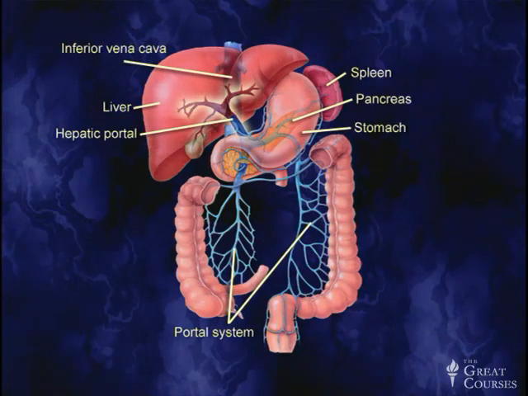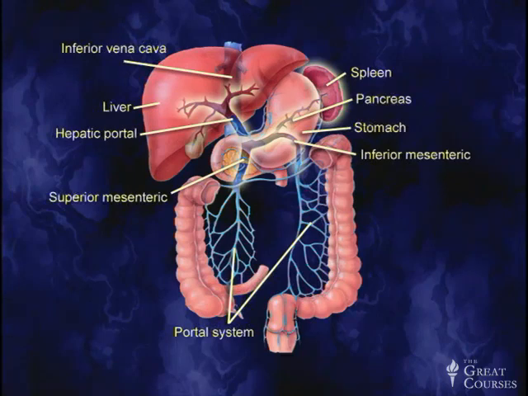You can also see that the spleen drains its blood supply back into the portal vein, and it joins with the superior mesenteric vein. All these veins bring their blood back to the portal vein.